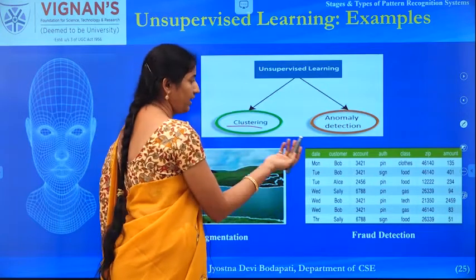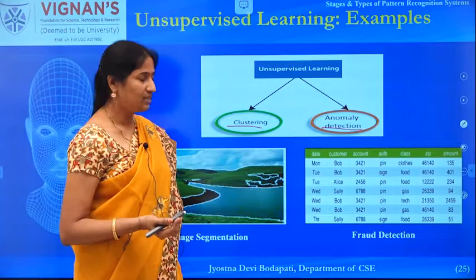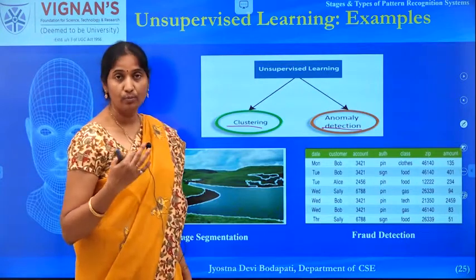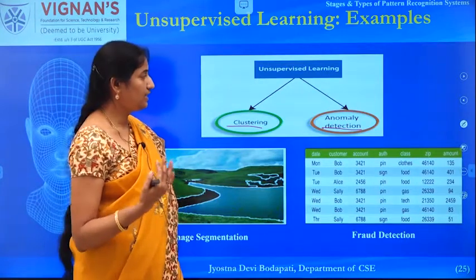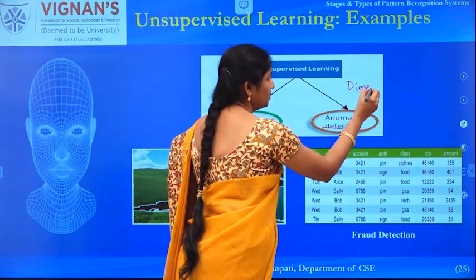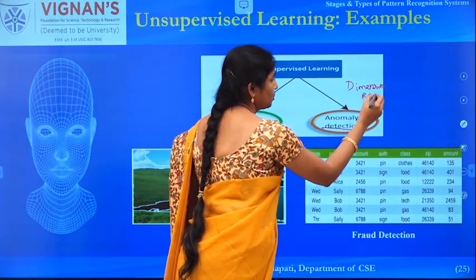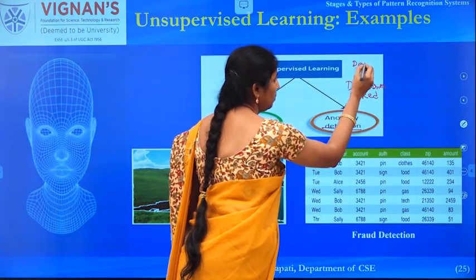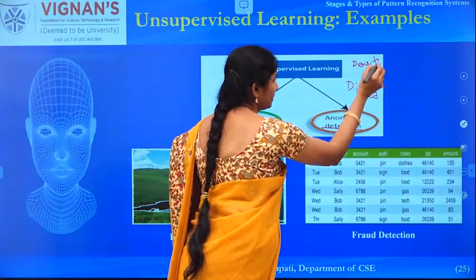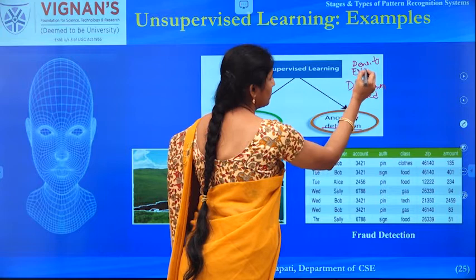One is clustering, and you can consider anomaly detection as unsupervised learning as long as you do not provide any labels. You can even consider dimension reduction, or density estimation. Dimension reduction and density estimation are all examples of tasks that come under unsupervised learning.